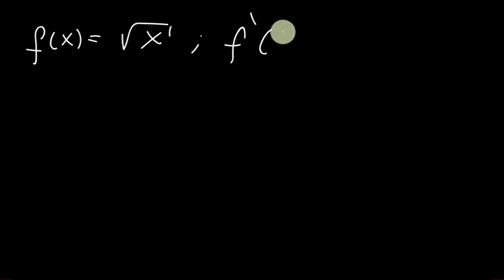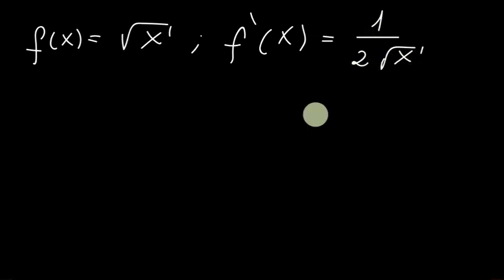Let's see, we have f of x of a square root. So now you could remember, and I suggest that you remember, that a derivative of a square root is simply 1 over 2 square roots of x. However, it's not necessary to remember. Okay, so we can say that a square root of x is the same thing as x to the power of 1/2.